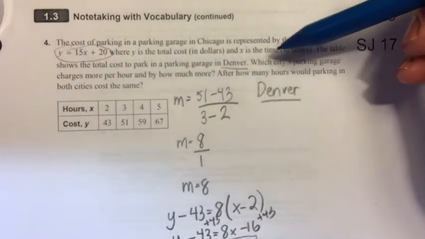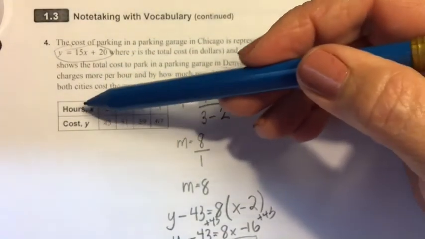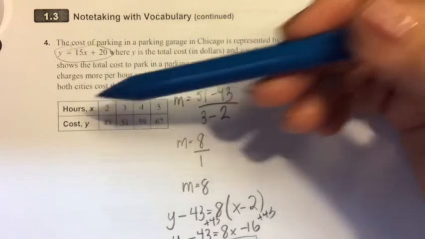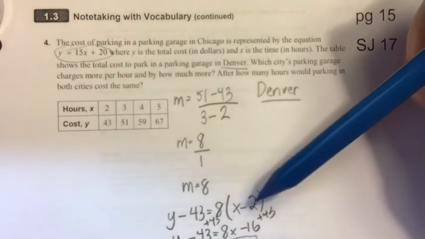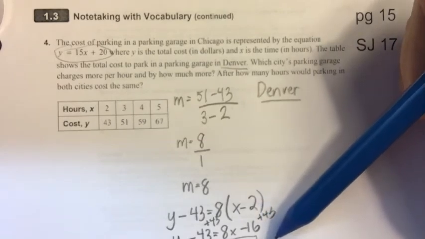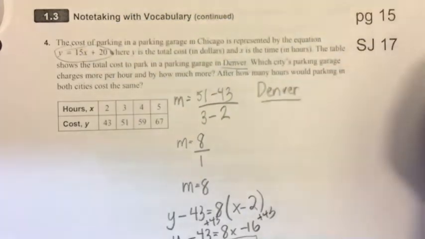First of all, it says which parking garage charges more per hour. Hours is represented by X. How much does this Denver parking garage charge per hour compared to how much does the parking garage in Chicago charge per hour?